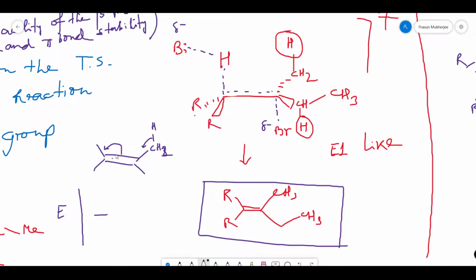This is the antibonding orbital of this double bond, and this will be the carbon-hydrogen sigma bond, or bonding orbital. And this is the antibonding. So the interaction will produce two MOs. The carbon-hydrogen bond is filled.